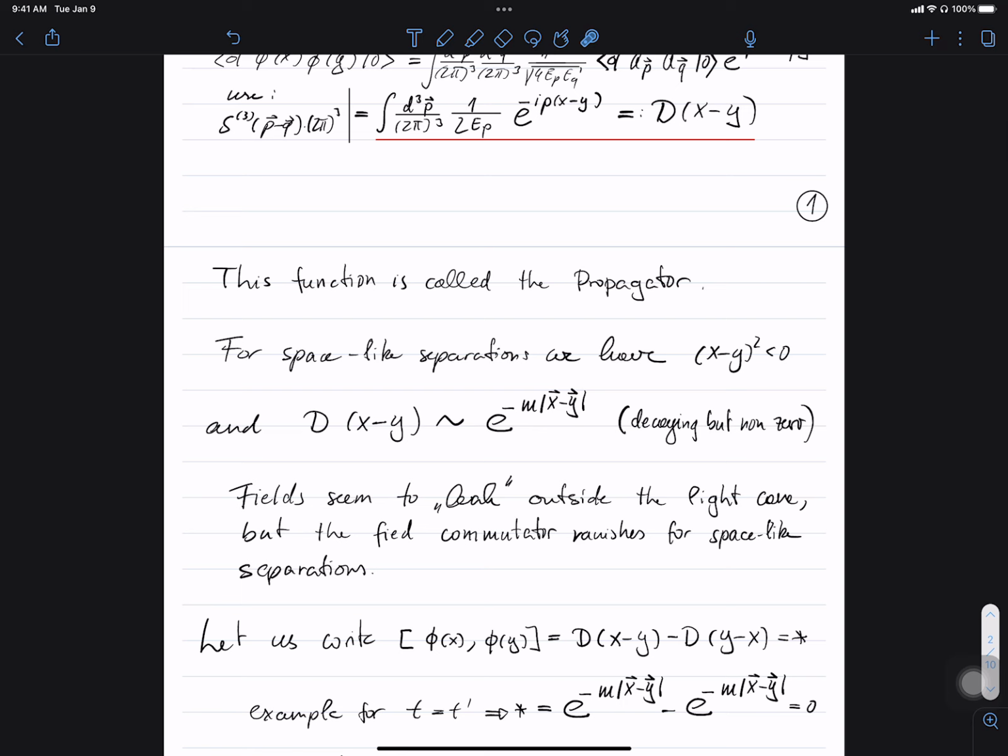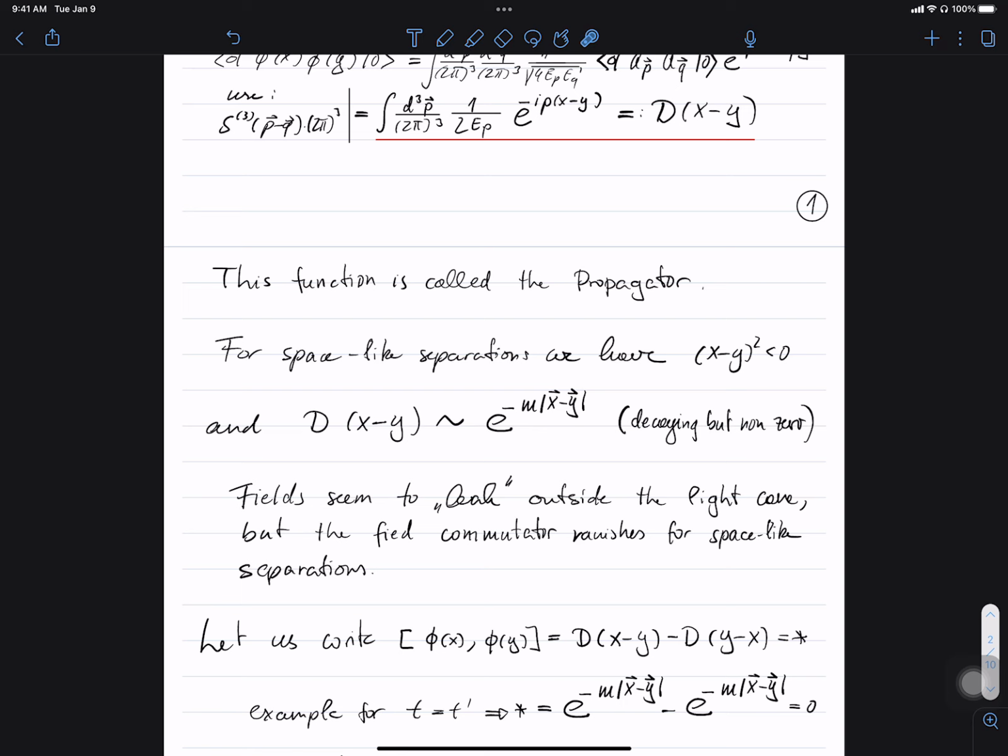Now for space-like separations, we said space-like is where events are not in each other's light cone and cannot influence each other. We have, as we will show a little bit later in greater detail, an exponential decay of the propagating function here.